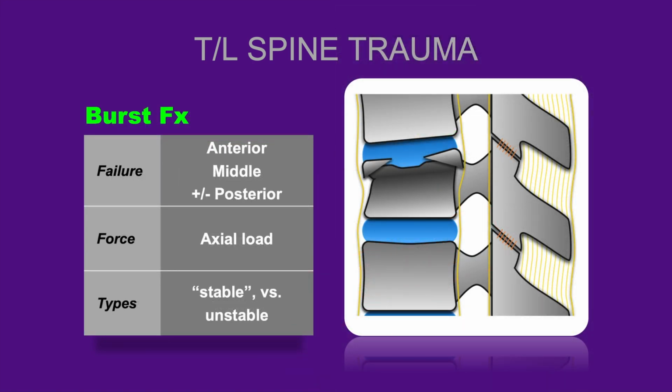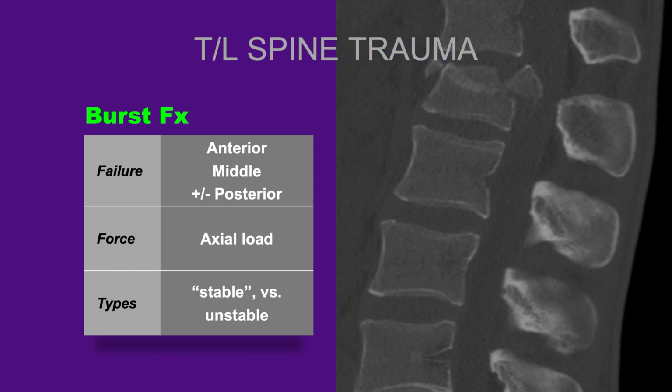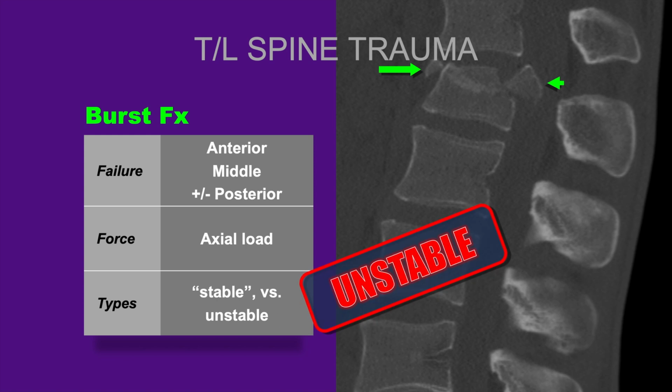If we move on now and involve both the anterior and middle columns with more of an axial load, this can result in a burst fracture, which can have both stable and unstable configurations. Here is a case where you have significant retropulsion of the posterior vertebral margin into the canal, which can result in neurologic injury. That's an unstable injury.